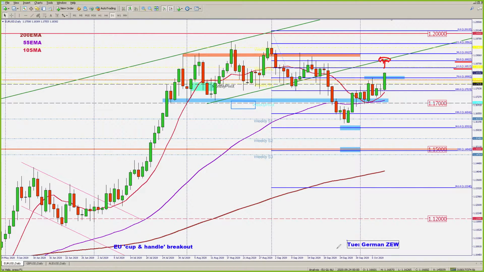This coming week there's only news on the economic sentiment for the German ZEW and the European ZEW as well.